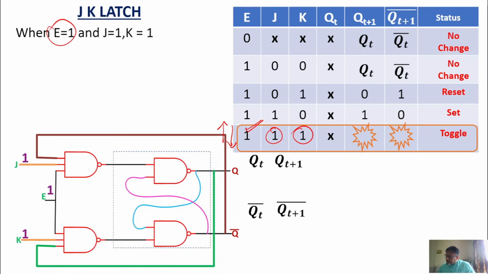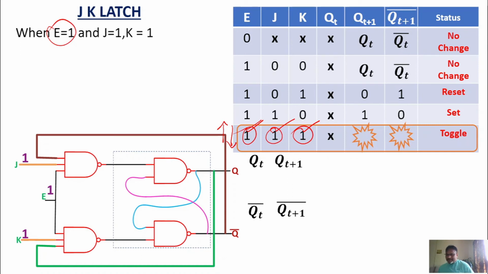What happens? This is a very important and very interesting state of this flip-flop. In the clocked SR flip-flop, you have seen that this particular state is called invalid. It is not used. But this can be used in the JK flip-flop in a different way.